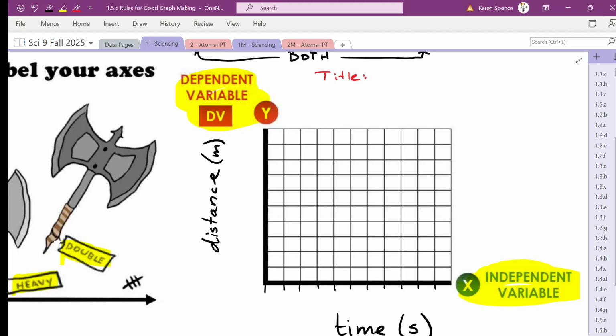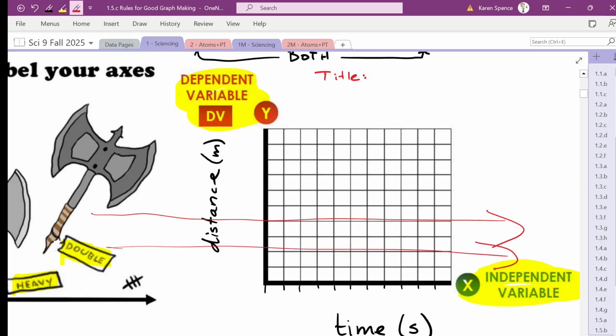If you have trouble remembering that, which word do you come to first as you move from left to right across the page and top to bottom, because we read like this, right? You come to distance first. So which one comes first? Distance comes first. What do you come across second? Time. So time comes second.